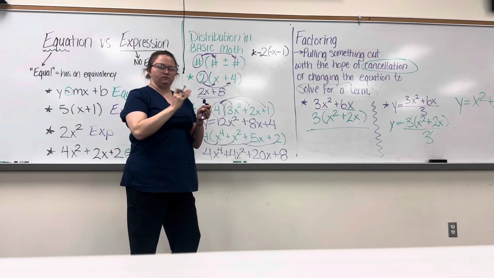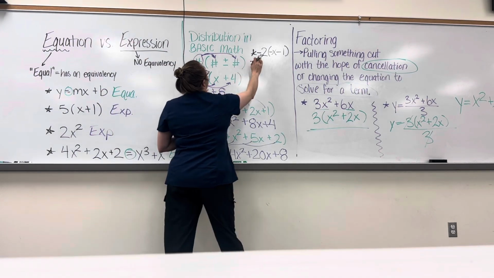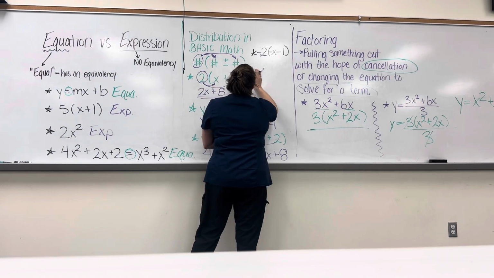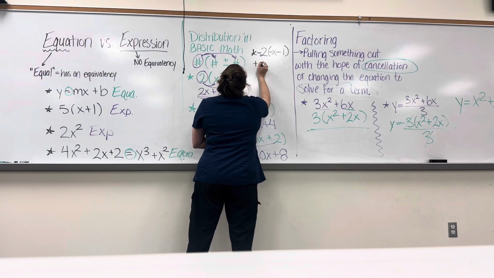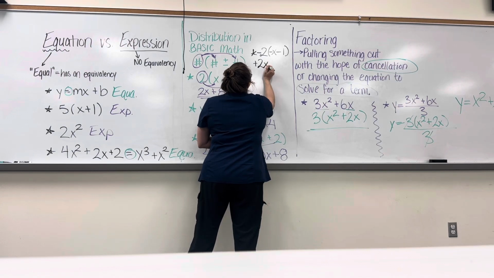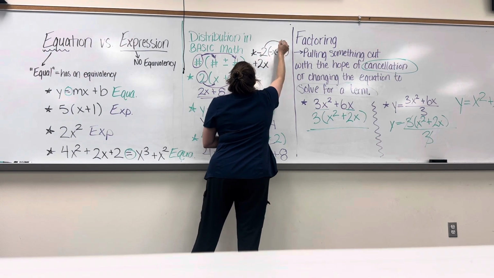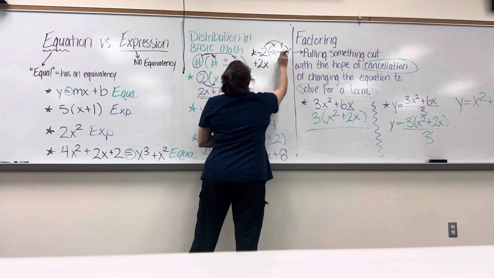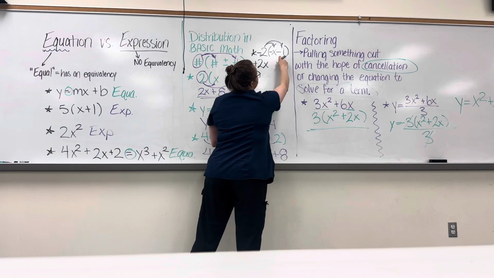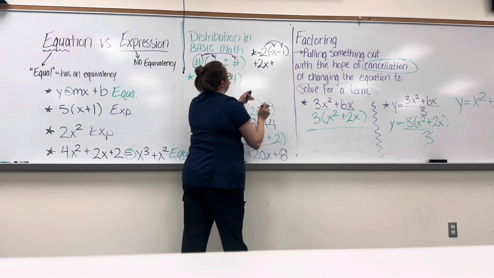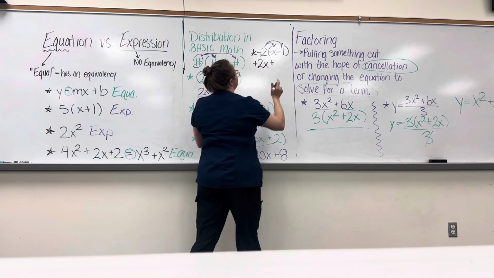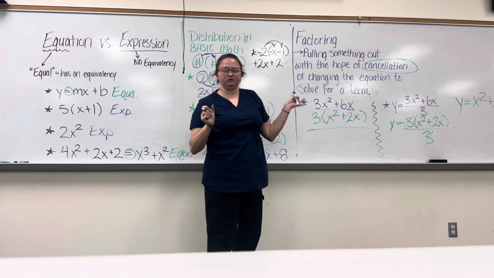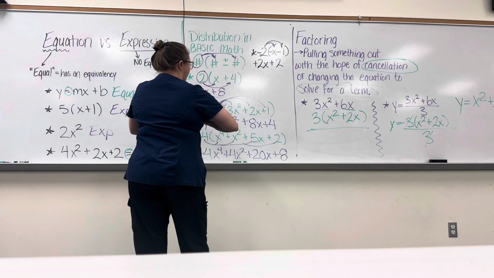A negative times a negative is always a positive. Negative 2 times negative x is going to be a positive 2x. And then you distribute that through also to the -1. -2 times -1 is again a positive, so you're adding a 2. So you have to keep track of your signs as you're distributing.